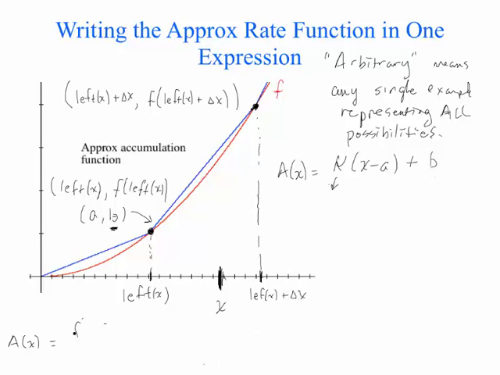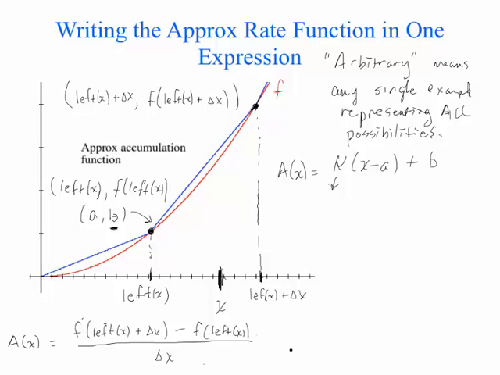Delta y, the final value of the function minus the initial value of the function, over delta x. That's delta y right there, that's the change in y. It's that y value minus that y value, over delta x.